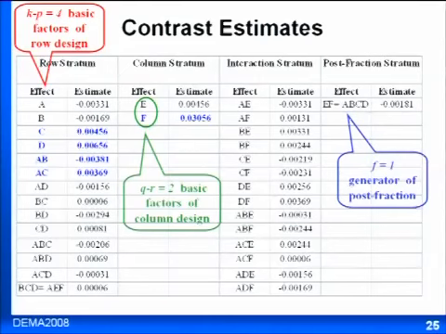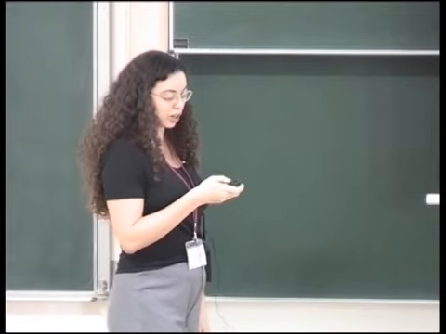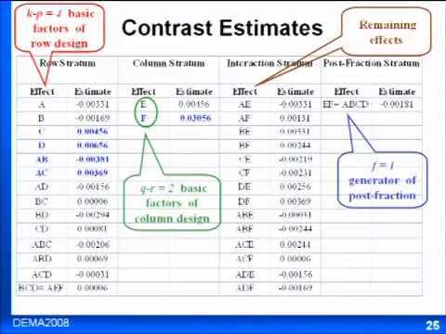We get all the factors associated with the column, in this case 2 factors, E and F, and their interaction, removing the ones that already appeared before. So since EF is already here, it's not here. And all the remaining effects go to the interaction stratum. So that's the procedure to identify which effects will go in each stratum.